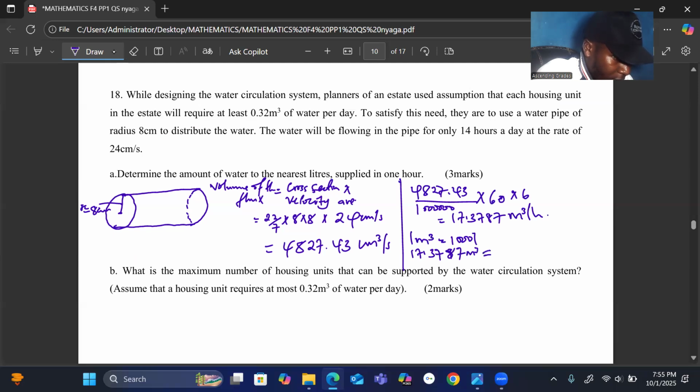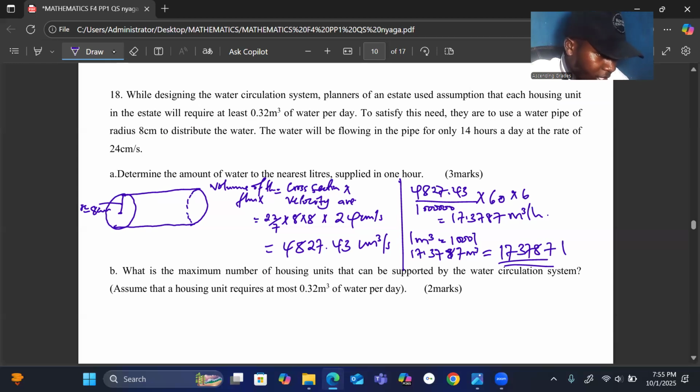This one we shall multiply by 1,000, and therefore we shall have 17,378.7 liters. That is going to be the answer now.